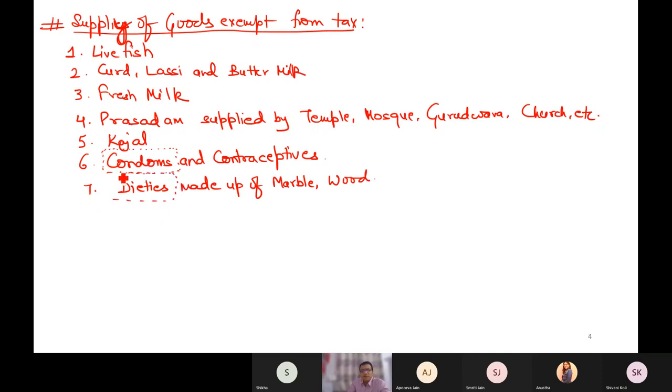So every exemption which is given serves a purpose basically. The newspapers. Gandhi Topi, you can easily learn. Gandhi Topi. Indian national flag.